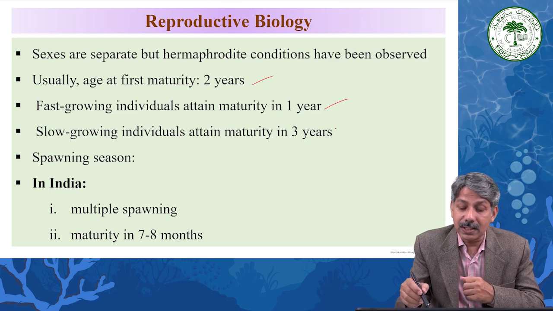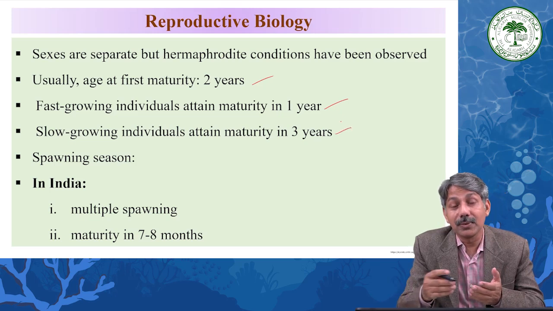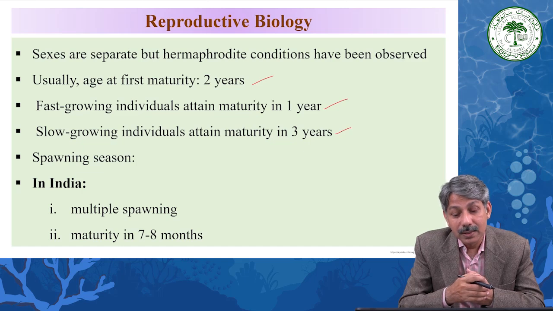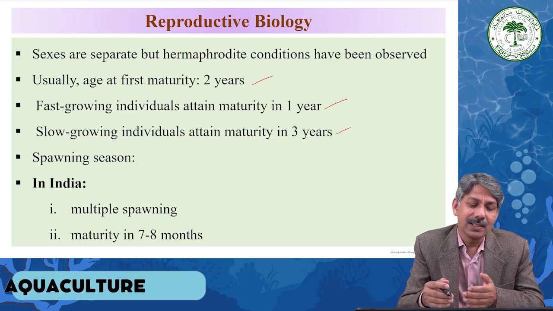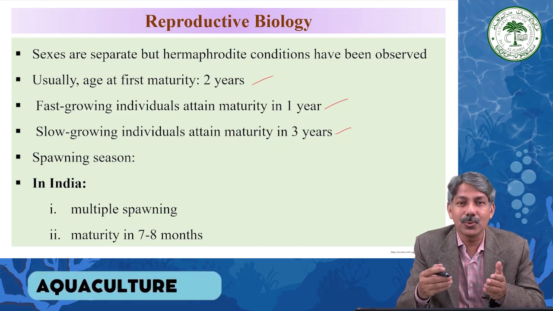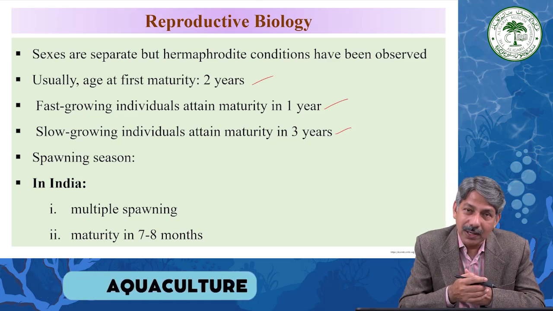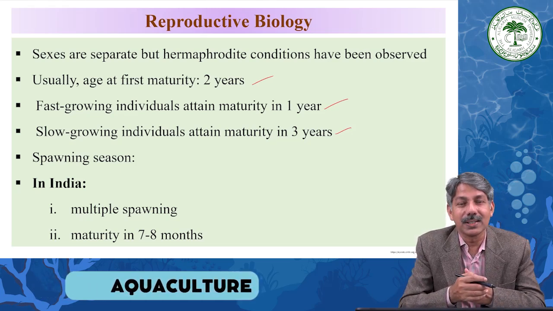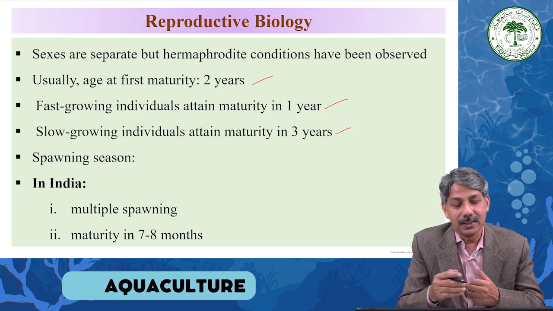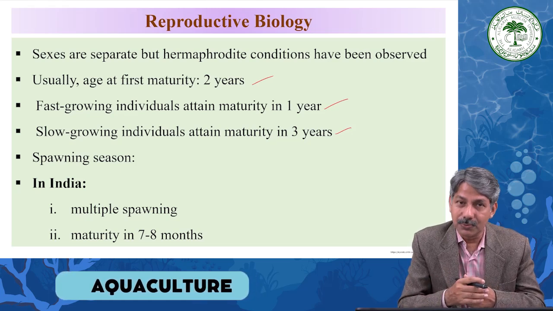Slow growing individuals attain maturity maybe in 3 years. So the range is 1 to 3 years. Usually, in general, 2 years is considered age at maturity. So depending on the conditions, depending on the region, you can select the suitable Pinctada fucata for breeding.